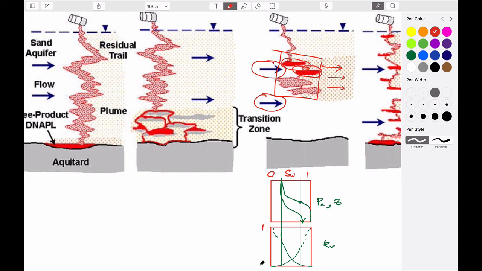Relative permeabilities vary between 0 and 1. And so we basically have these saturation versus capillary pressure curves, which say something about what the architecture of this looks like. And you've done an example to be able to define that.